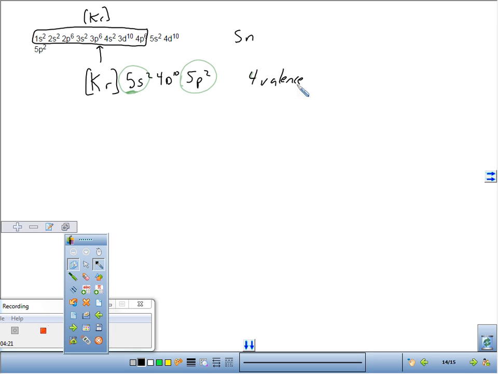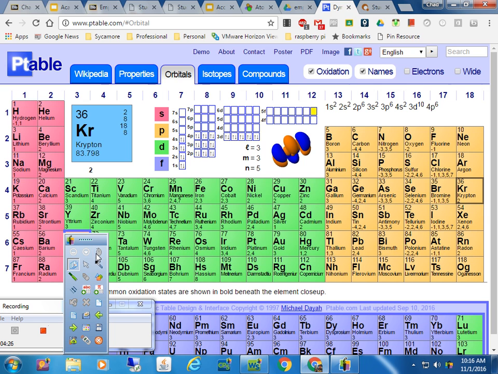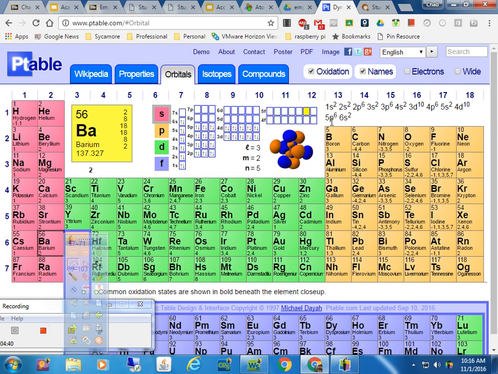Let's say we are going to do barium. I click on barium, and I would have to write all this, which is a ton. Instead, I'm going back to the first noble gas, which is xenon.